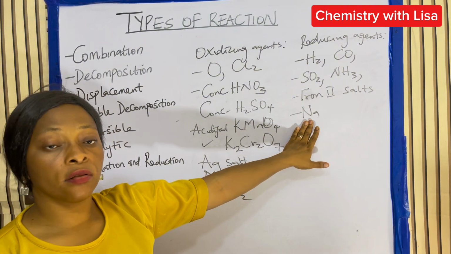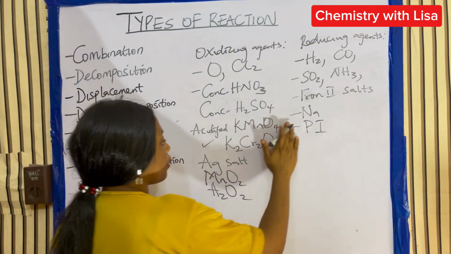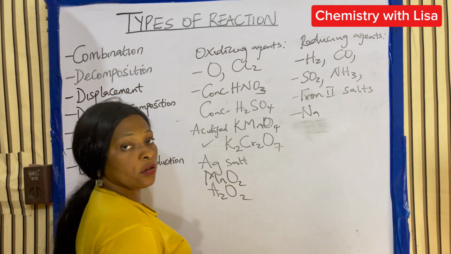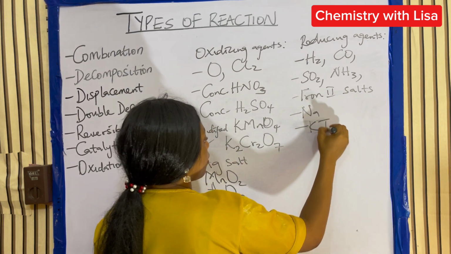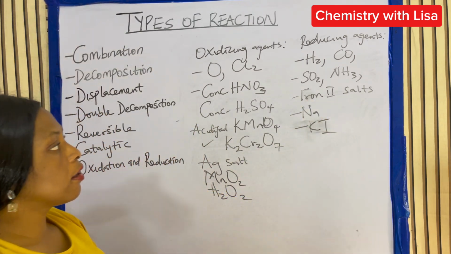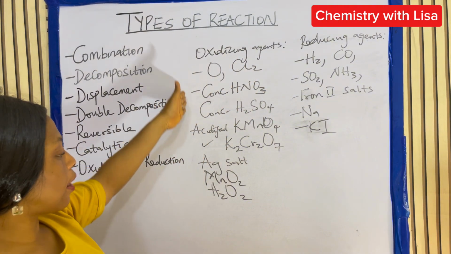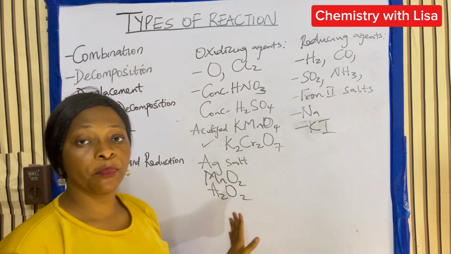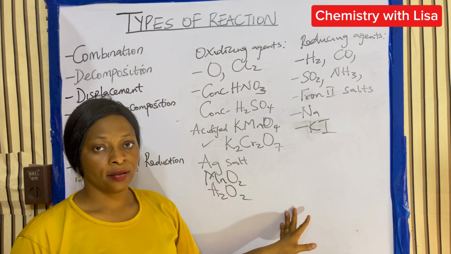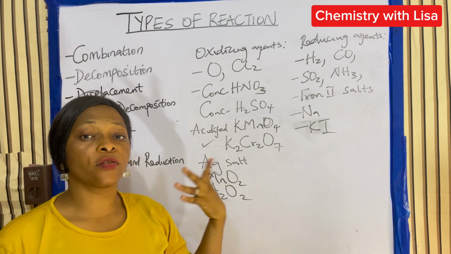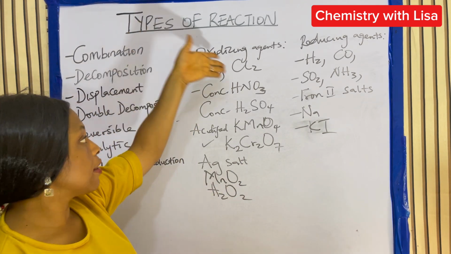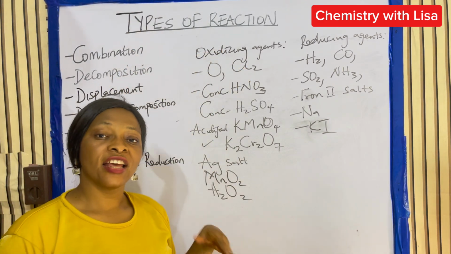They are good reducing agents. Last but not the least is potassium iodide. So these are reducing agents, and those are oxidizing agents. Please, it's important that you memorize them, because the examiner is going to ask you which one is the oxidizing agent and which one is the reducing agent.